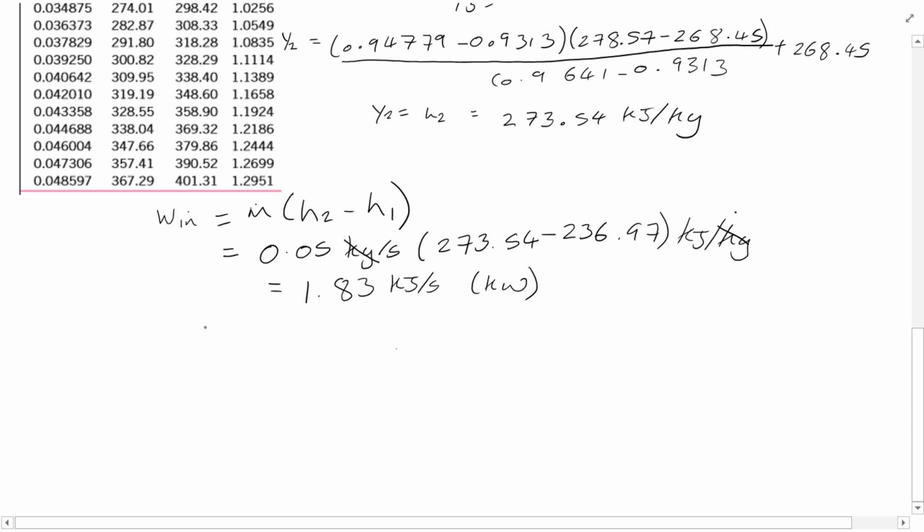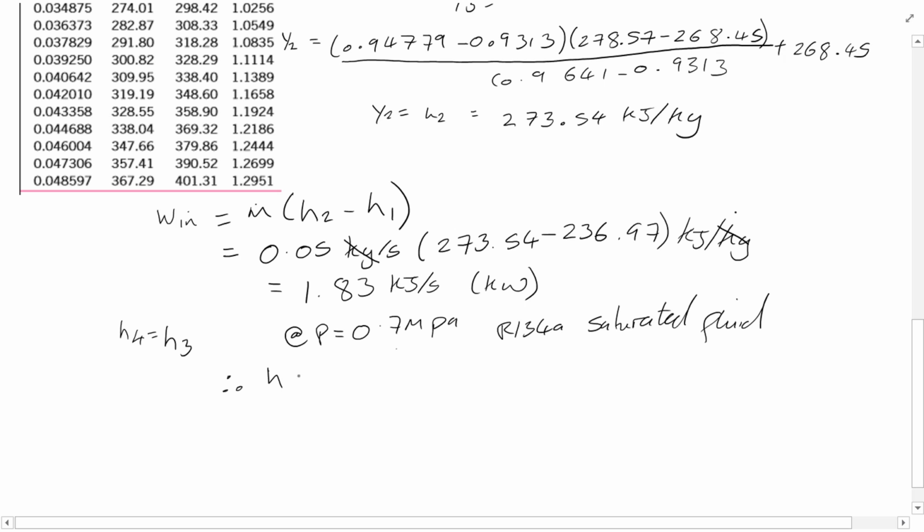Now, in order to find the rate of heat removal, we need to find H4 or H3, because remember, we know that H4 is equal to H3. Enthalpy is constant at this process. At point 3, pressure is equal to 0.7 MPa, and the refrigerant R134A is saturated fluid.